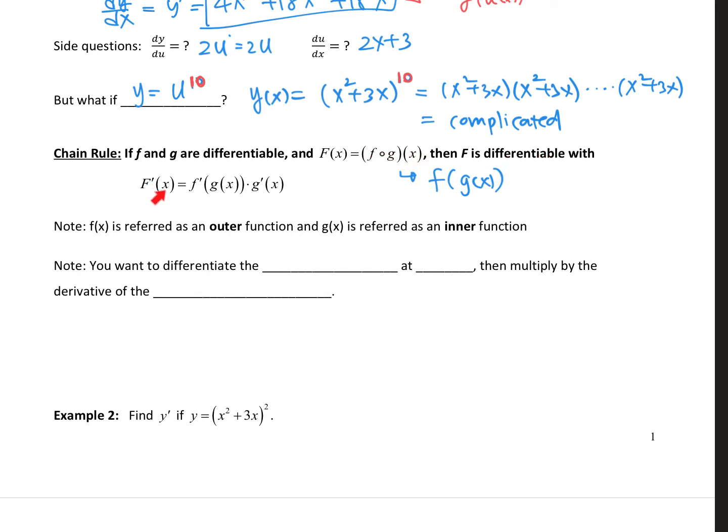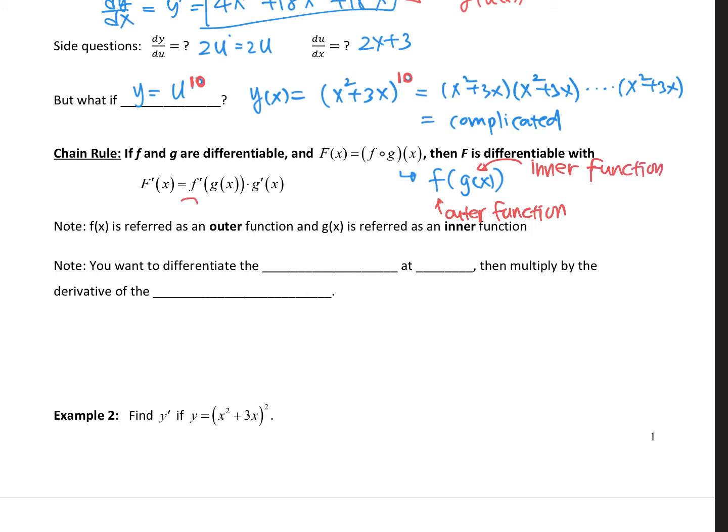And the derivative is, you notice, that you take the derivative of f, leave g as is, don't do anything, and then multiply by the derivative of g, right? Sometimes I'm going to refer to this one as the outer function, and whatever goes inside is called the inner function, for obvious reasons.